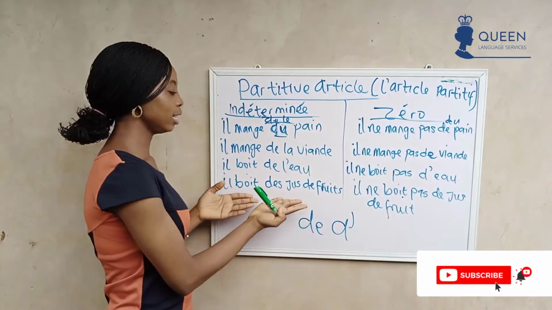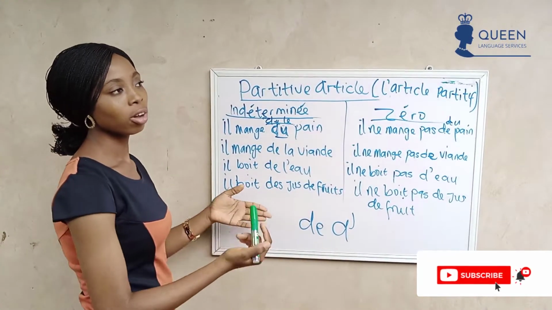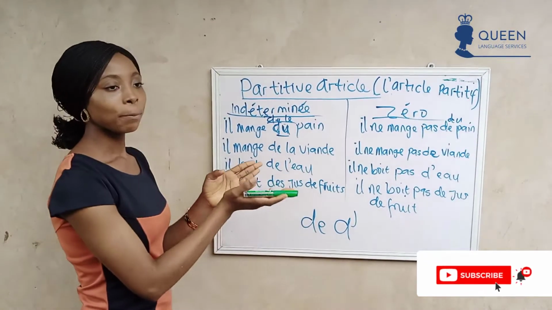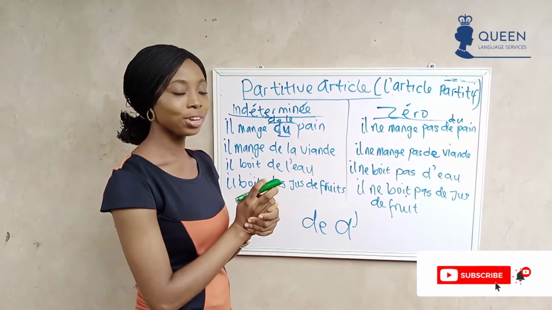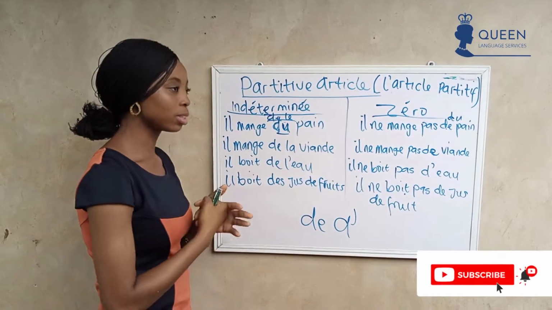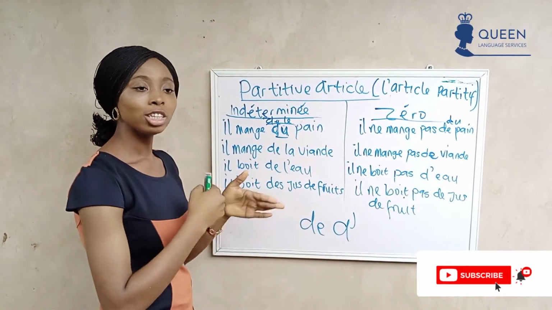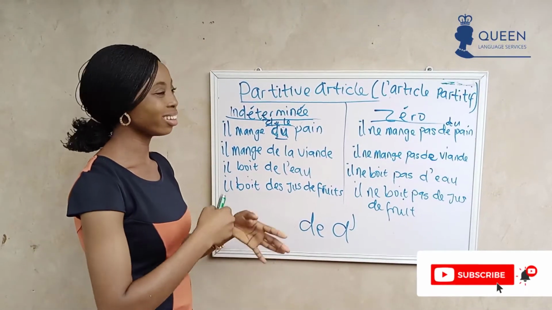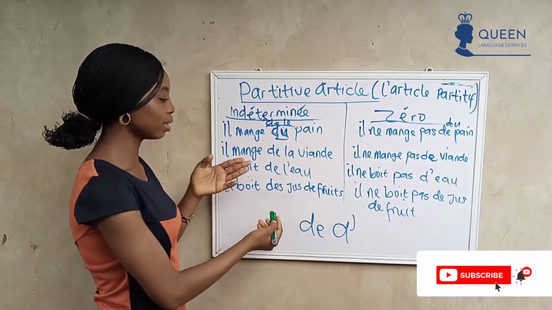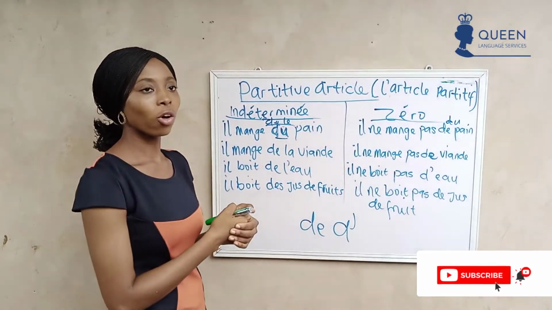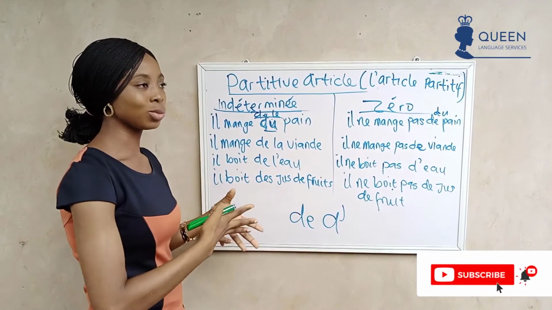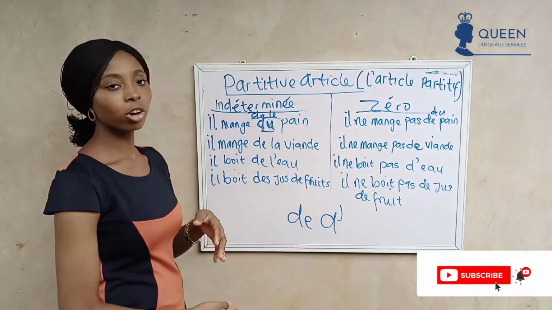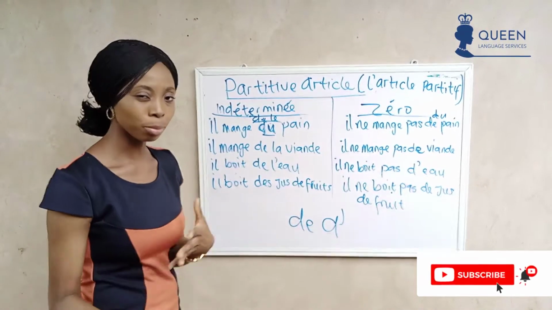So here again, these are ways of making use of our preposition de and our definite article, because most times this partitive article is used for an unspecific quantity. That is, we can't determine our quantity. So most times when we use our partitive article, it is used for things that we cannot quantify, and it comes in front of or afterwards with an uncountable noun.